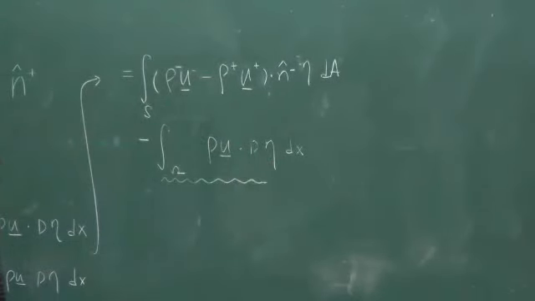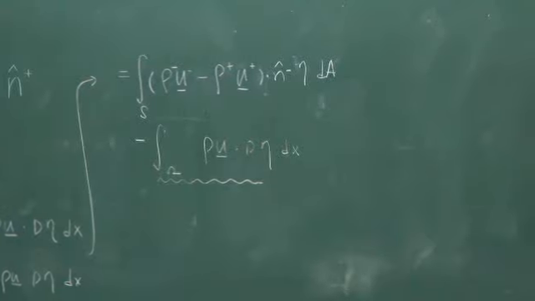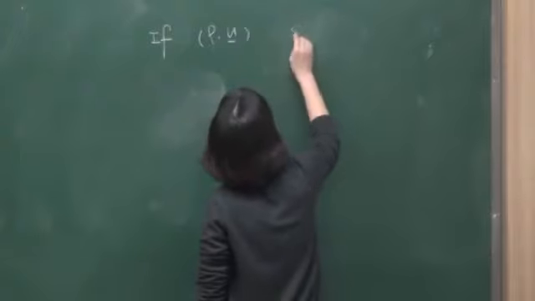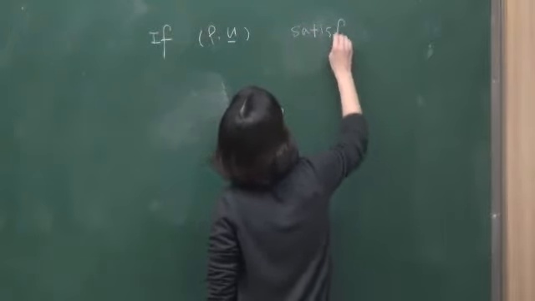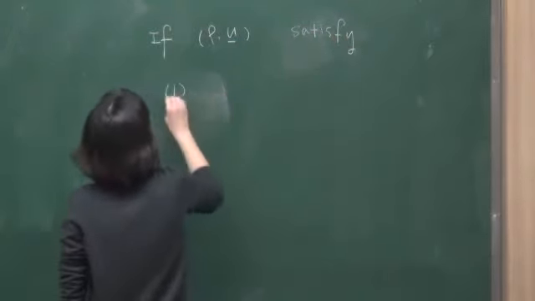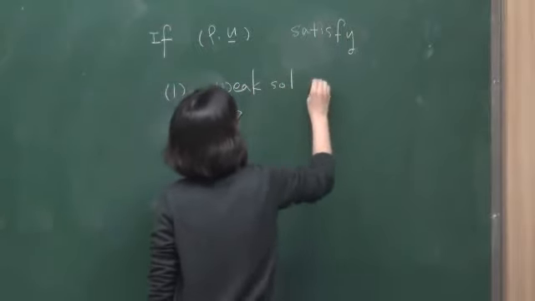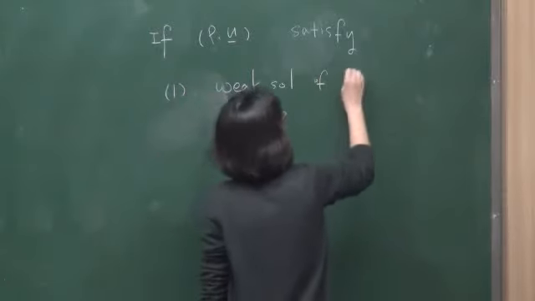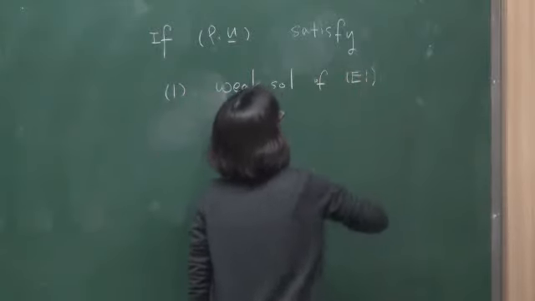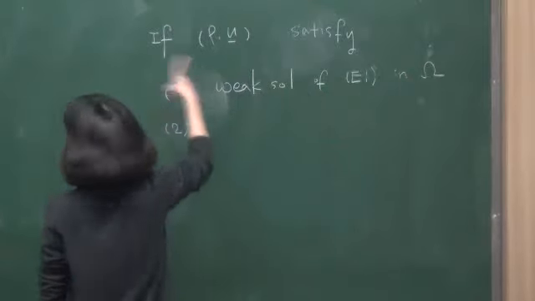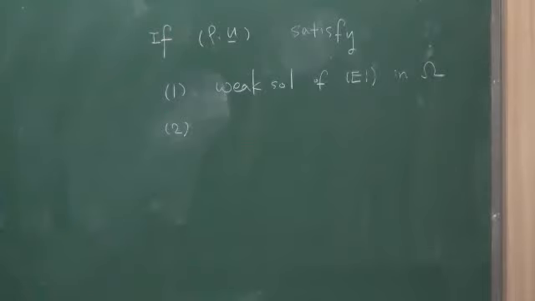Well, from a mathematical point of view, this is a weak solution for which equation? For this equation. So if rho u, let's say, satisfies, first, a weak solution of this first equation, E1, in omega, so rho u satisfies this relation.